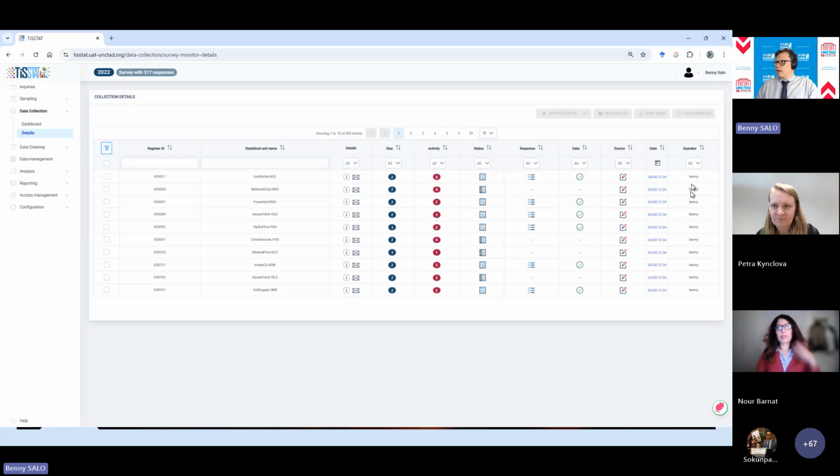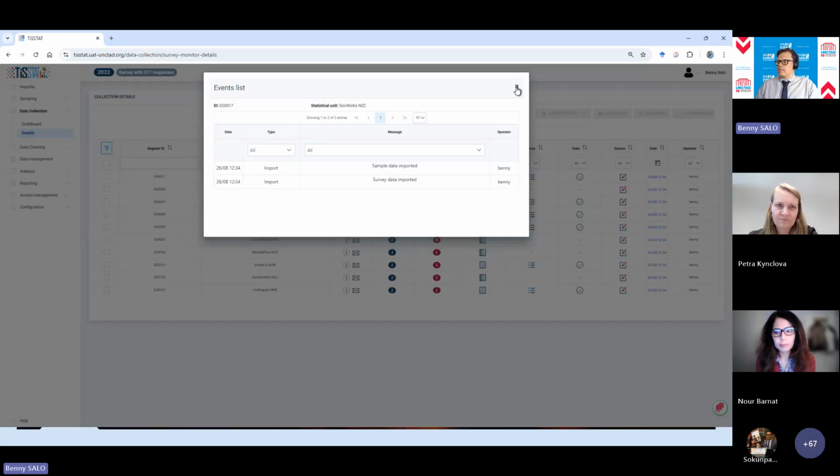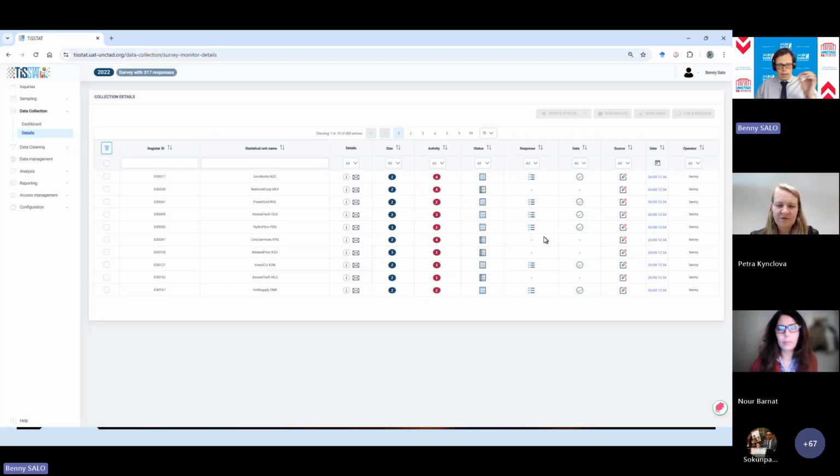Everything is also logged with which operator has last worked on that unit, also with a log of what has happened for that particular unit. You can see here an example where I've imported data, which is a third way of working with TiSSTAT, and everything is logged so that it's easily traceable what has happened.